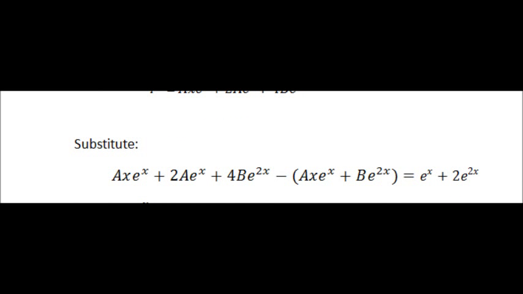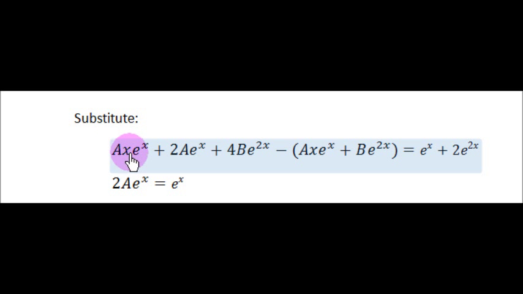So we have ax e to the x plus 2a e to the x plus 4b e to the 2x minus (ax e to the x plus b e to the 2x) equals e to the x plus 2 e to the 2x.